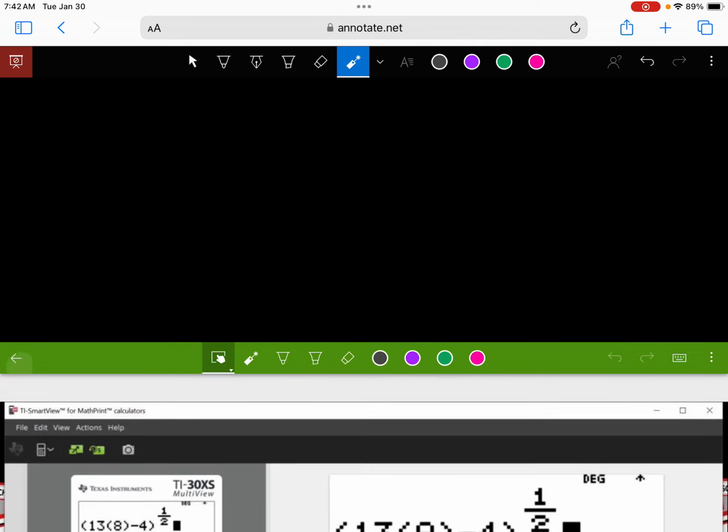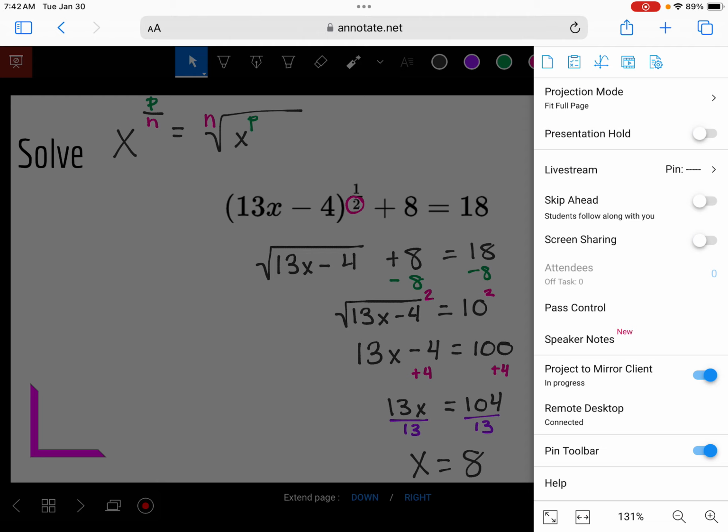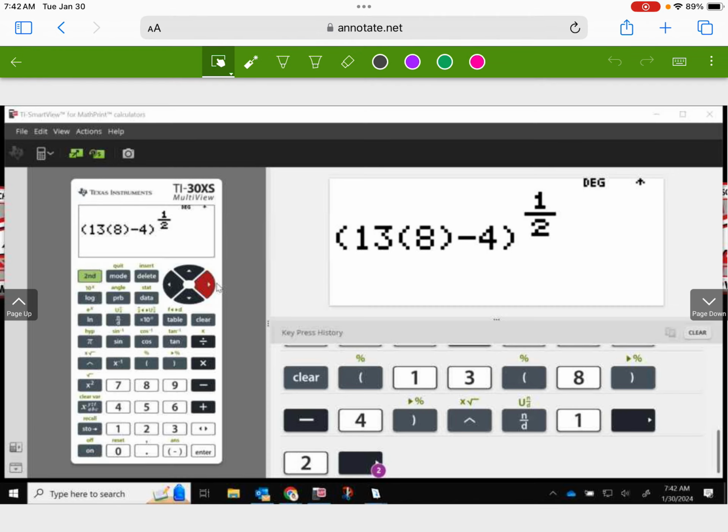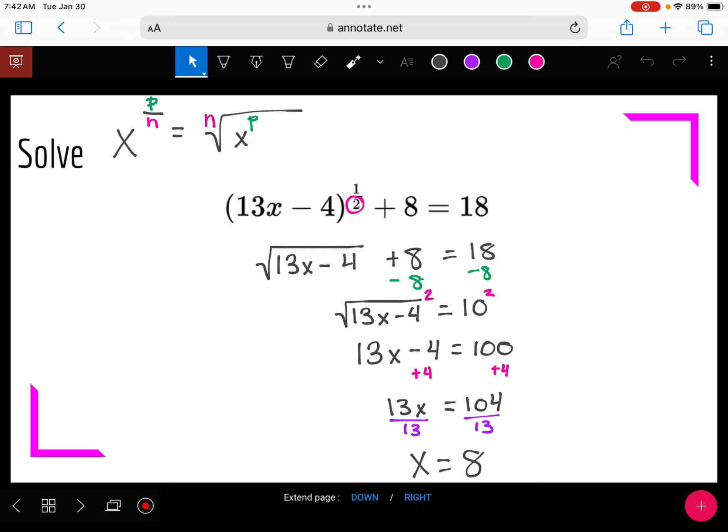I can even use the fraction stuff. Plus 8. And I can make it look just like that whole expression at the beginning. And we get 18. And that's exactly what we were supposed to get. So we checked it, and we're good.